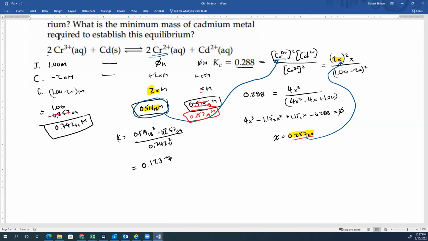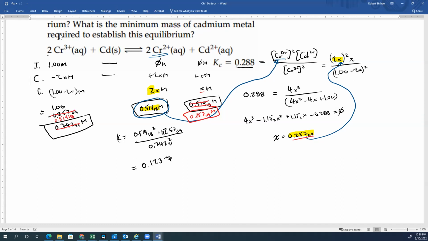This is not minus X, it's minus 2X. 2X is 0.51418. Which is going to change this molarity.